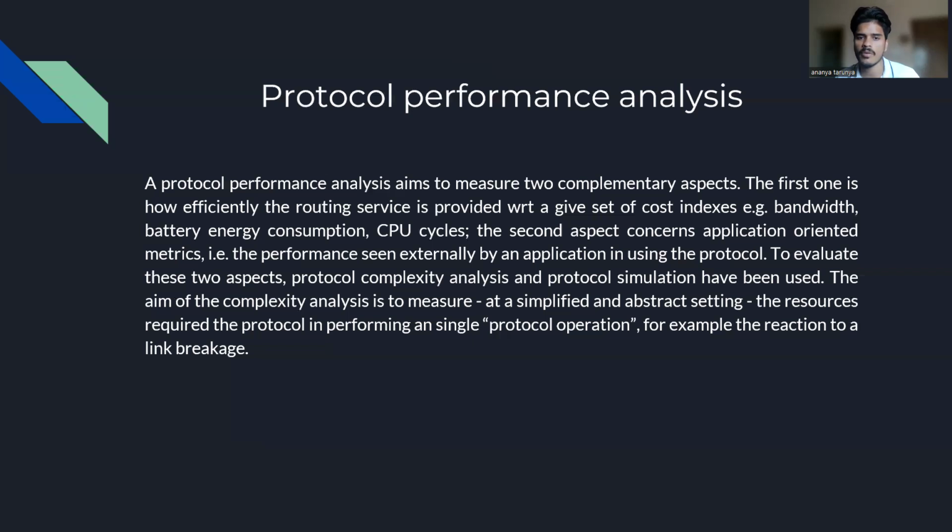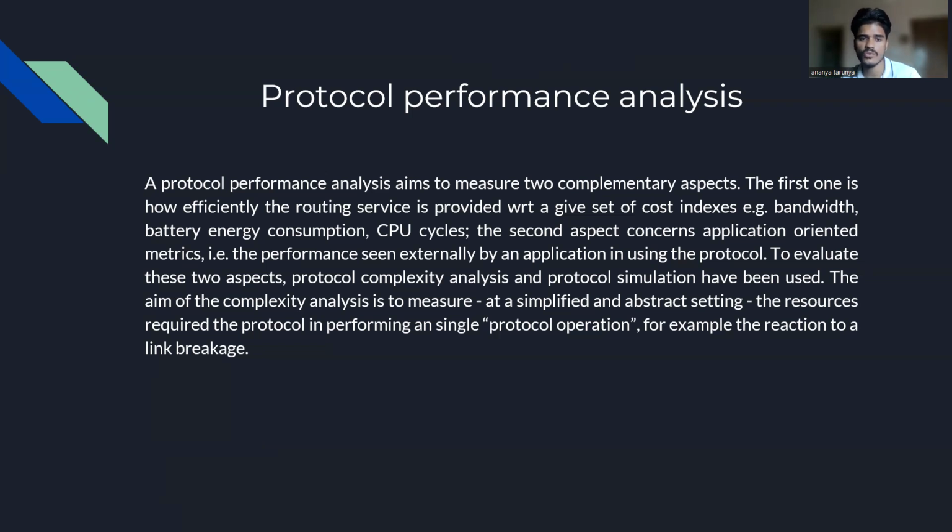A protocol performance analysis aims to manage two complementary aspects. The first one is how efficiently the routing service is provided given a set of costs, including for example bandwidth, battery energy consumption, and CPU cycles. The second aspect concerns application oriented metrics, that is the performance perceived externally by the application using a protocol.